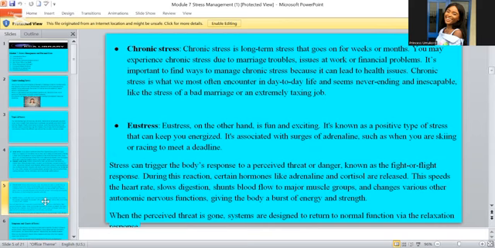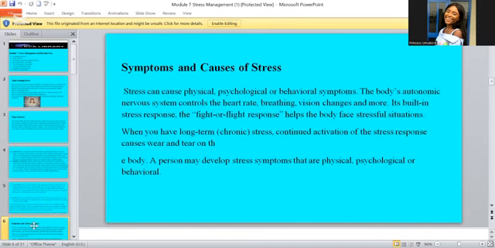Now we have eustress, as we mentioned, which is a fun and exciting kind of stress. It is a positive type of stress that keeps you energized. It is associated with surges of adrenaline, such as when you are skiing, you're racing, or you're trying to meet up with a deadline. Now, what are the symptoms or causes of stress?